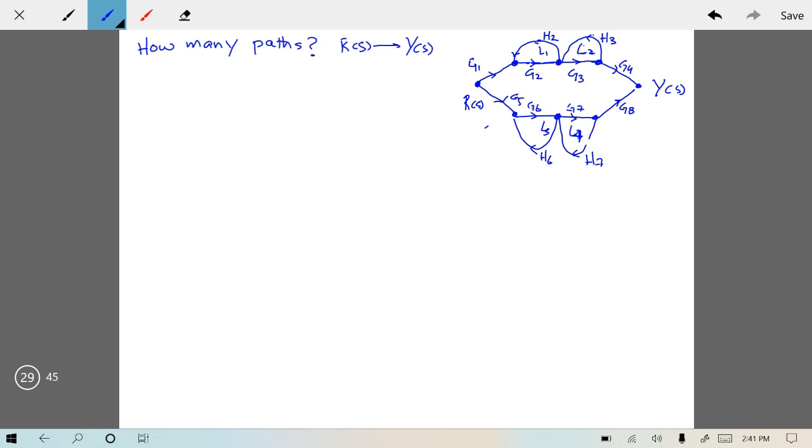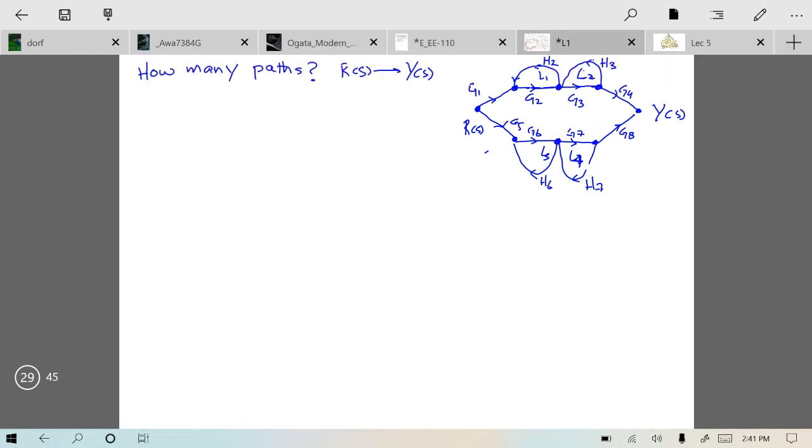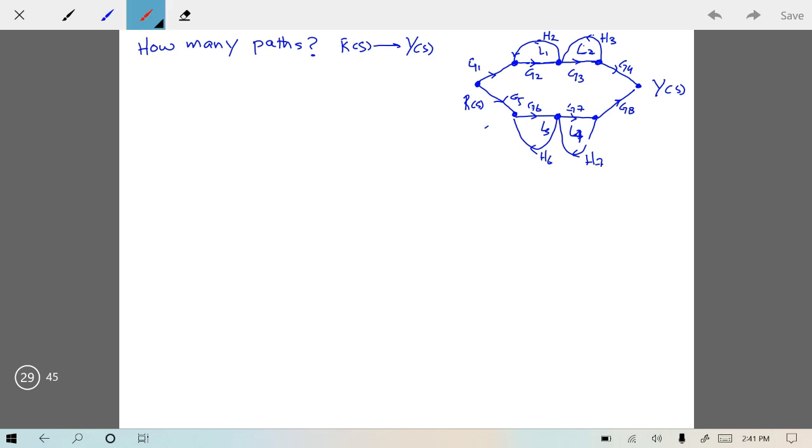As you have seen, there are only 2 paths from R of S to Y of S. One is, you are at R of S, you go to this node following an arrow, then you go to this node following an arrow. You cannot go over here because the arrow is pointed over here.